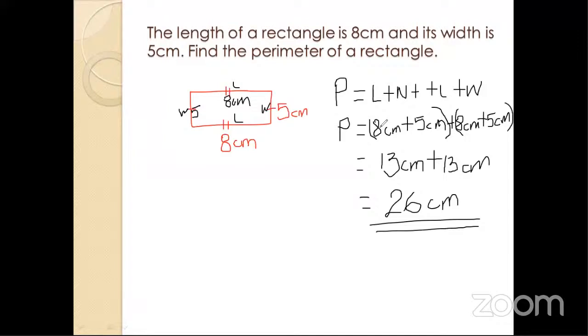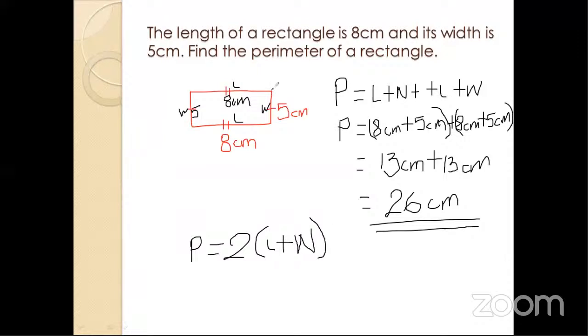Very good, Tina. May God bless you. Tina said that we can say perimeter is equal to 2 into bracket length plus width. Now, you see plus is there.